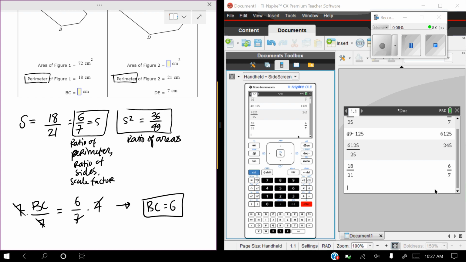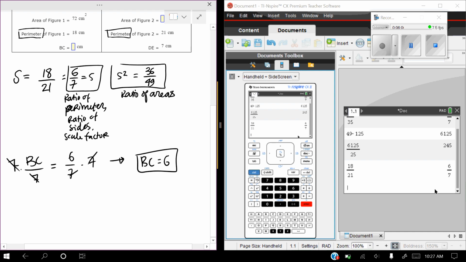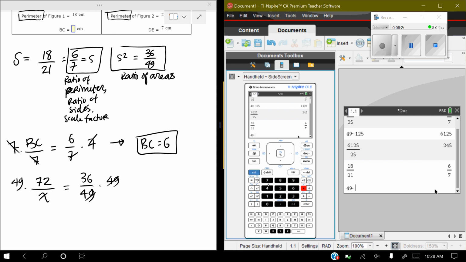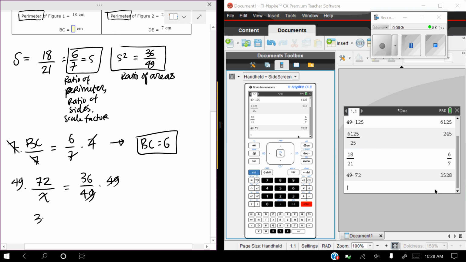Then we're going to use the ratio of areas. The area of figure 1 was 72, and the area of figure 2 is unknown. That's the x we're looking for. I'm going to use my ratio of areas, 36 over 49. I'm going to solve this proportion by multiplying by the denominator, times 49 on both sides. 49 times 72 is 3,528 over x is 36.